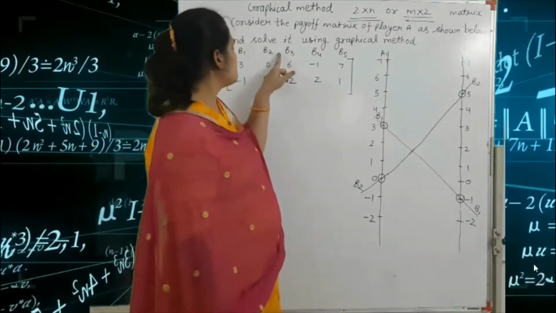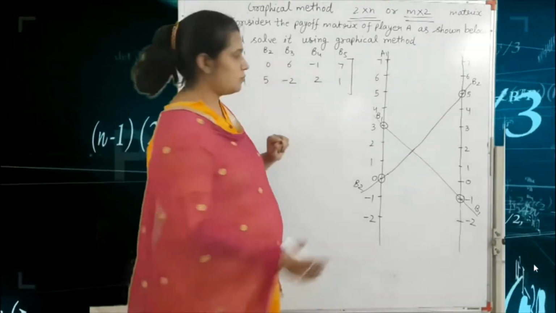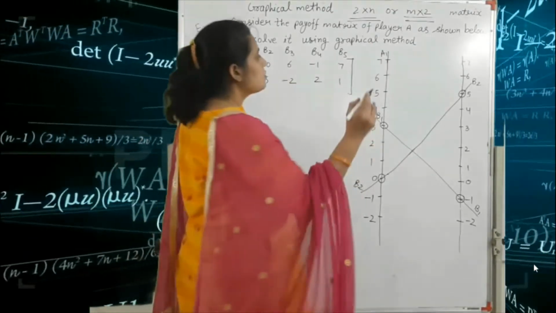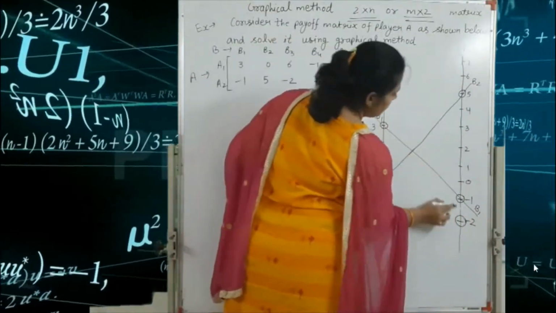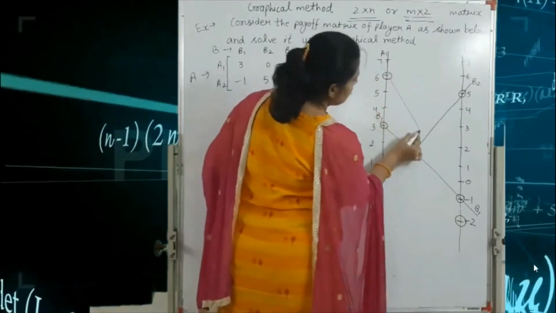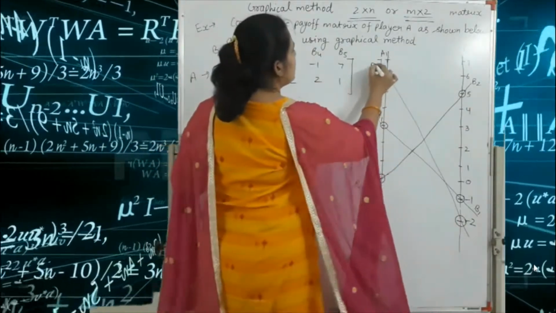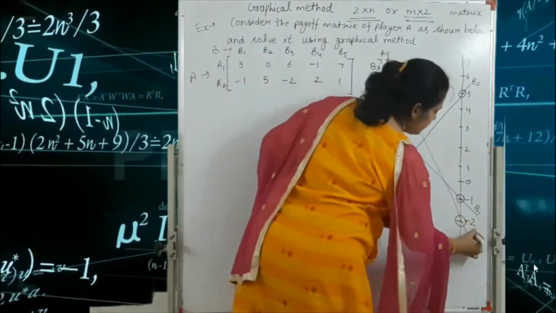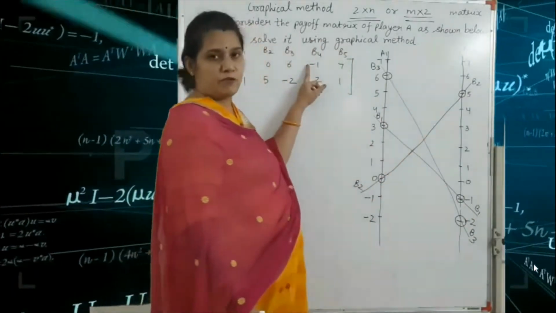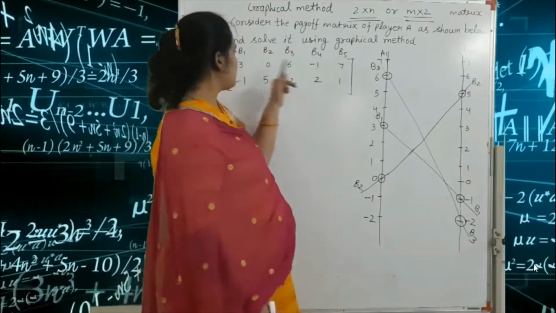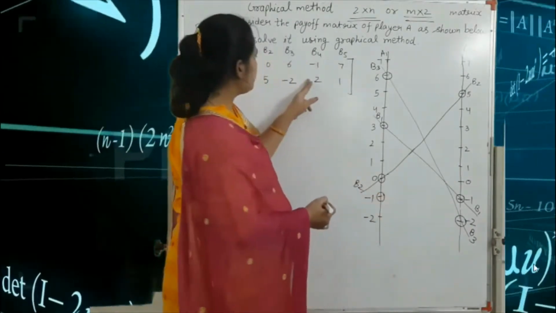For B3: A1 is 6 and A2 is -2. We draw the line between these points, and here we write B3. Next is B4: A1 is -1 and A2 is 2.